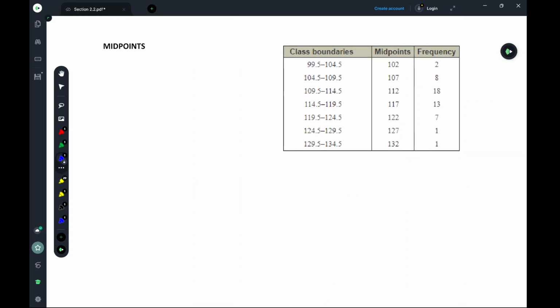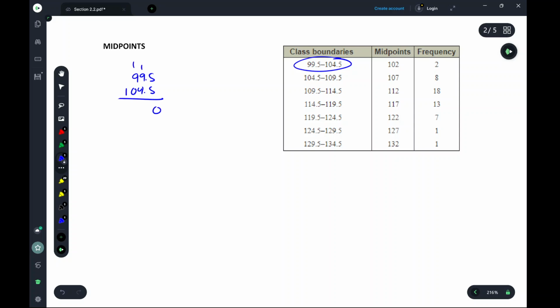So what we actually need to do, you'll notice here they've already done that in this chart, is we're actually interested in midpoints of these classes. How do you find the midpoint? Well, to find the midpoint of a class, you add the lower 99.5 and the upper 104.5 together. That gives 204.0.